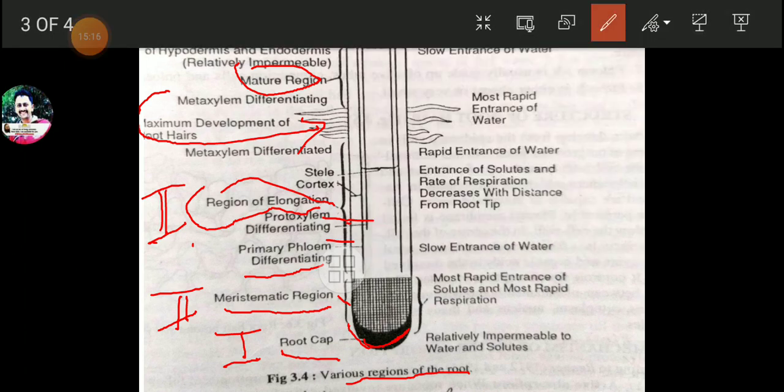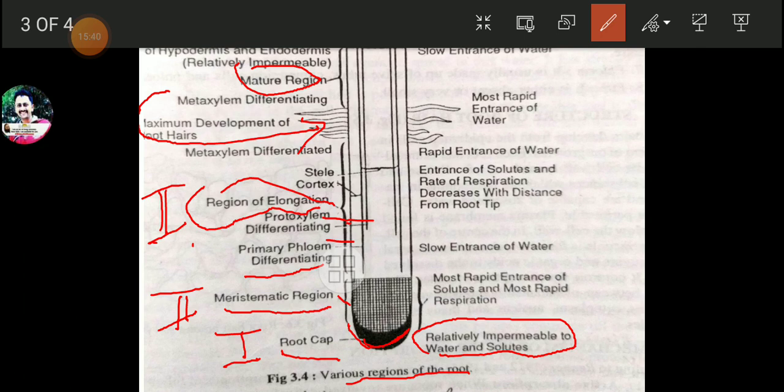Here, from the bottom, we can see that the root tip is relatively impermeable to water, and solutes are not absorbed by the root tip. For your information, relatively impermeable means it does not have the permeability to absorb.